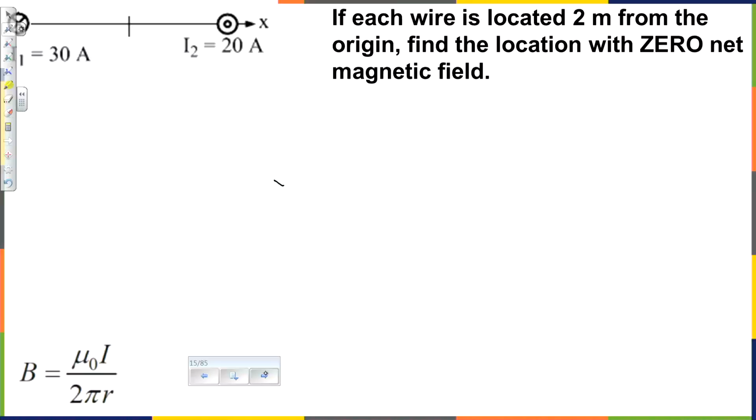So where can we guess and check? Well, again, like in the problem for charges, we technically have 9 different regions, 9 different locations to check. 1, 2, 3, 4, 5, 6, 7, 8, 9.